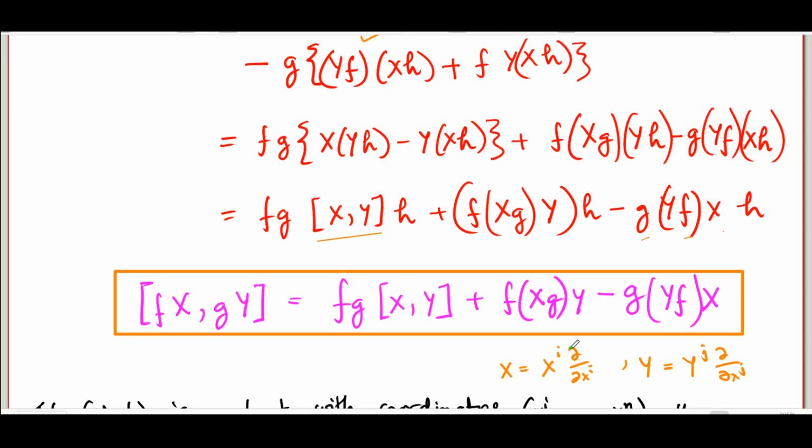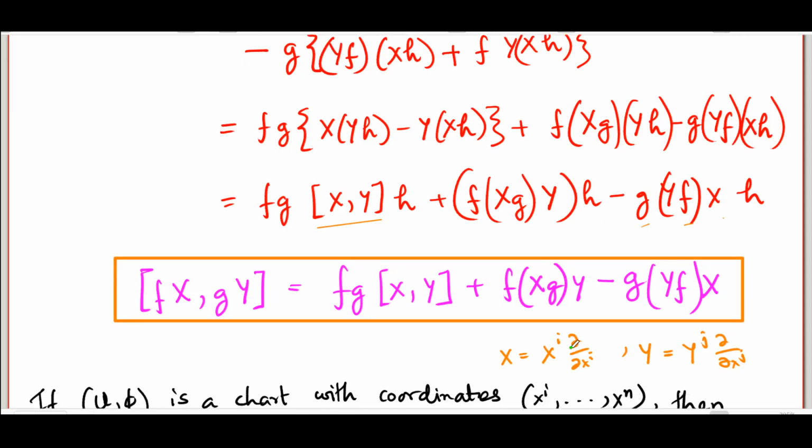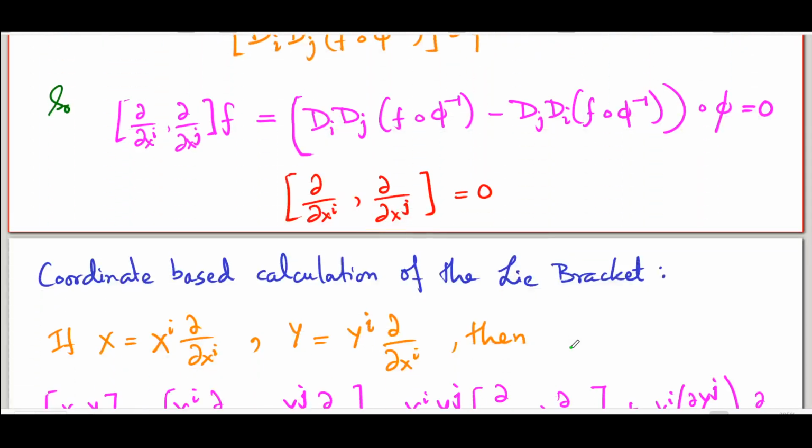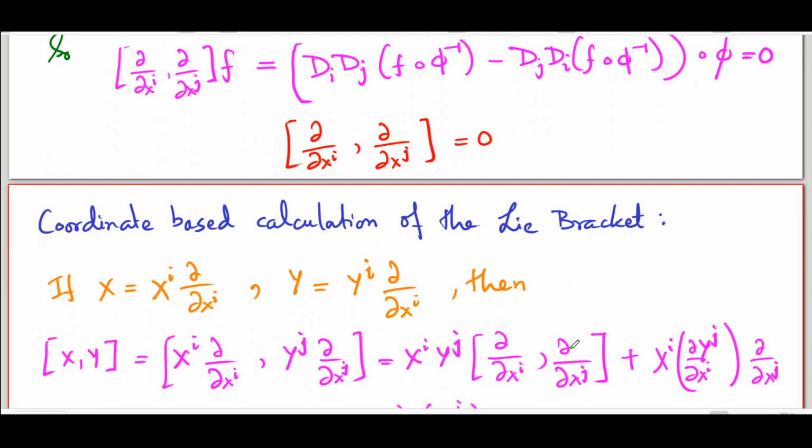It distributes over summation both in the first factor and in the second factor. It's something we had already established earlier, so that in itself should not cause any problems. All we have to do is just place, instead of x and y, xi del xi and yj del xj.